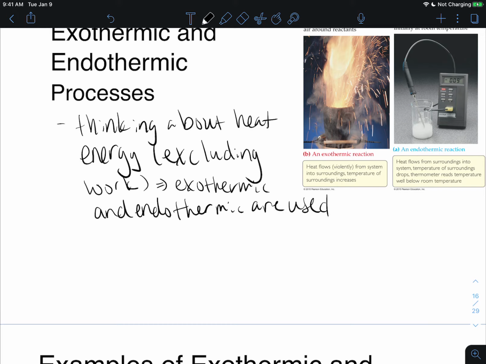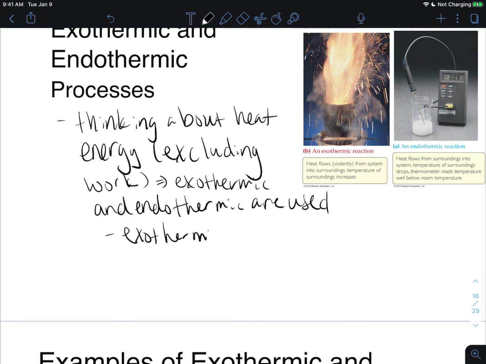So basically, an exothermic process is one where heat is released, an endothermic process is one where heat is absorbed. So exothermic is going to feel hot because heat is releasing from our system to our surroundings. An endothermic process is going to feel cold because heat is being absorbed by the system from the surroundings, so the surroundings are getting colder.